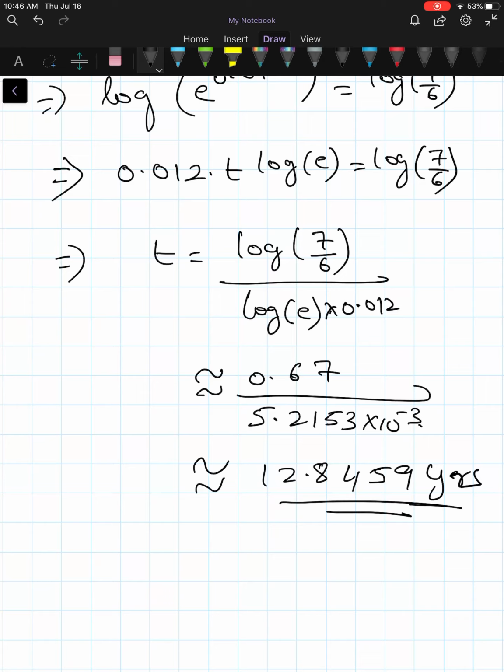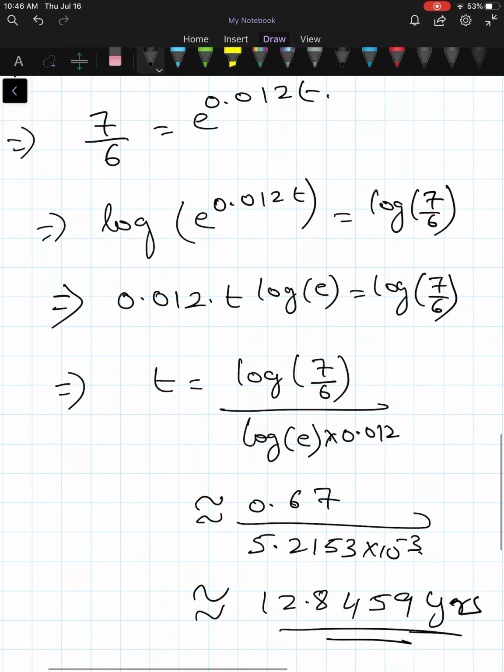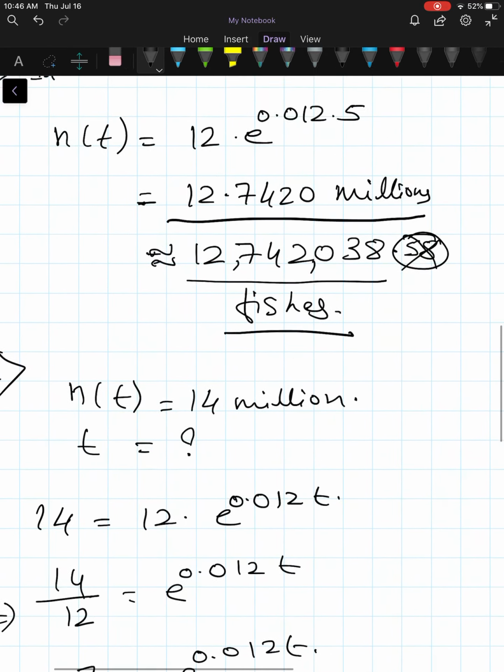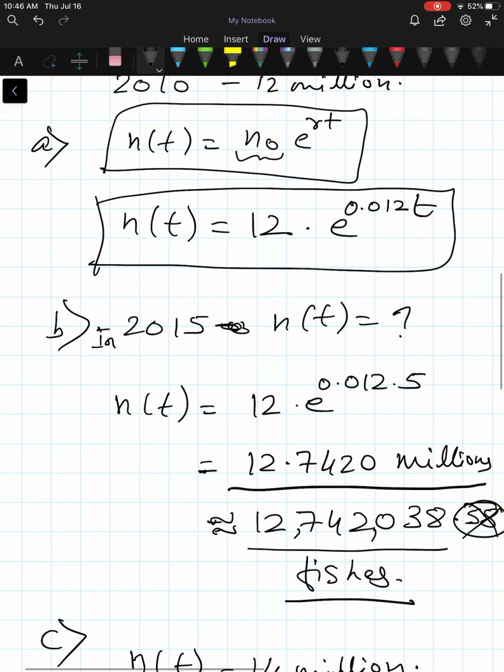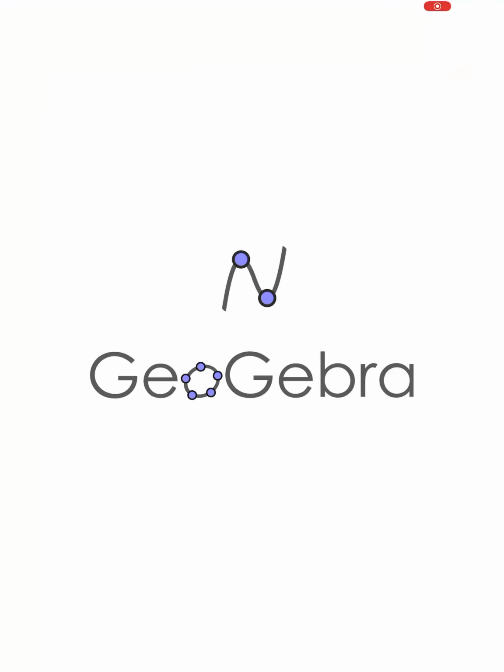So now sketch a graph of the fish population. You have to just plot the graph of the model that is given here, that is N of t. So let us do it using a graphing calculator.